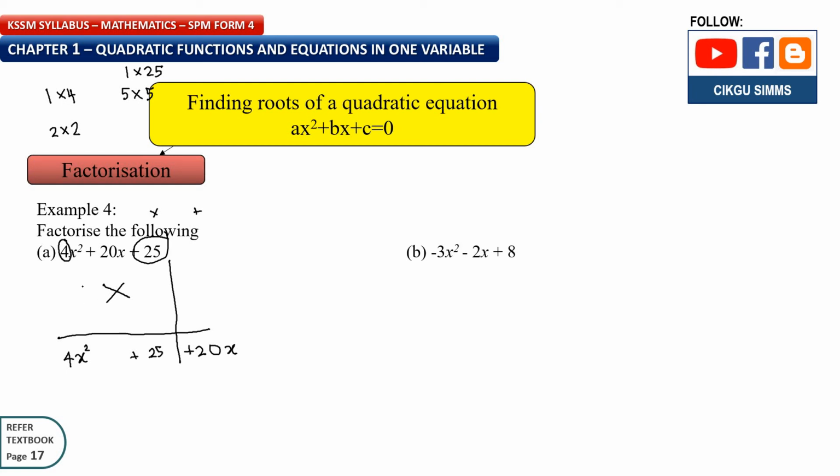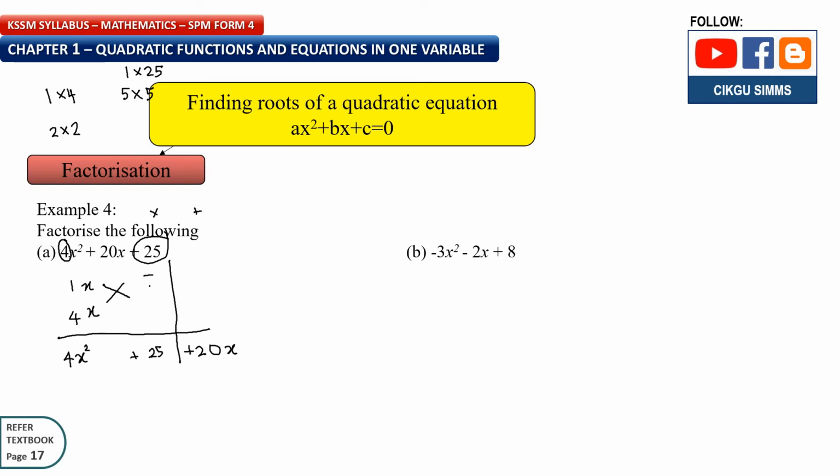Okay, so x must be x and x because x times x is x squared. Okay, you can test any number here. Okay, I want to test 1, 4 first. 1, 4. Okay, and then here I want to choose which one. 5, 5.